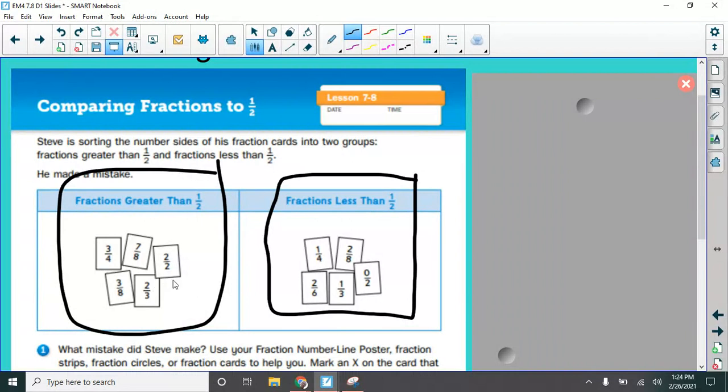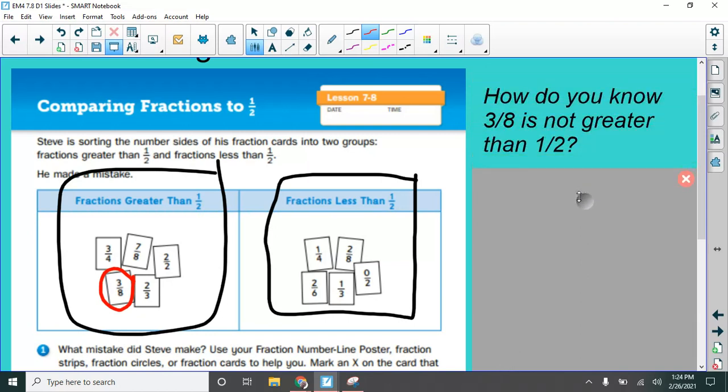One of these is not greater than 1/2, and it is this guy right here. All right, well, let's think about 3/8. 3 out of 8. How do you know that 3/8 is not greater than 1/2? How do you know?